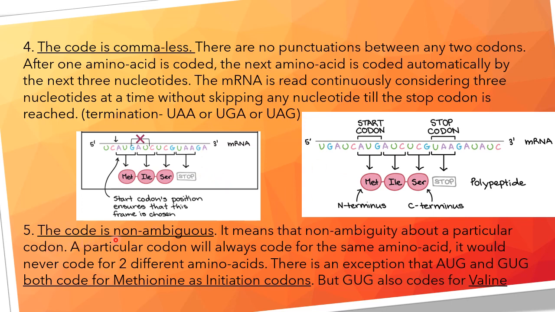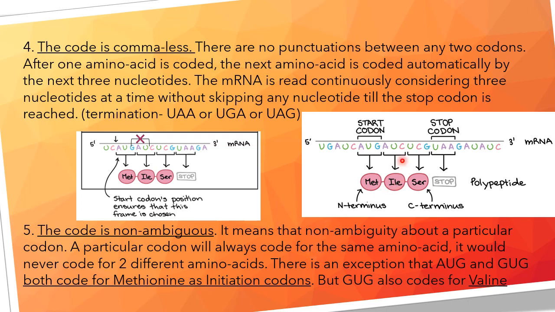So fifth is the code is non-ambiguous. It means that there is no ambiguity about a particular codon. A particular codon will always code for the same amino acid, and it will never code for two different amino acids.